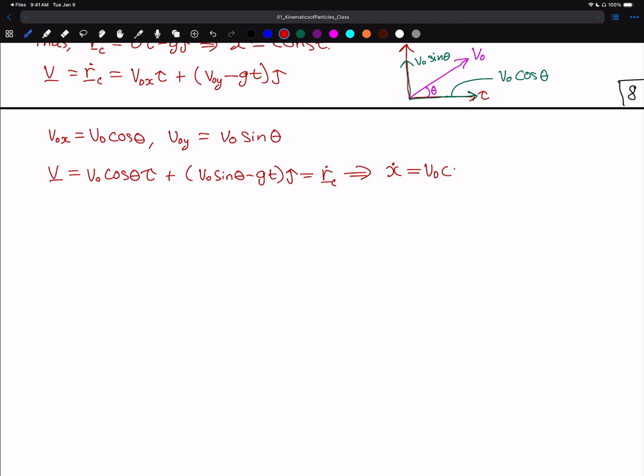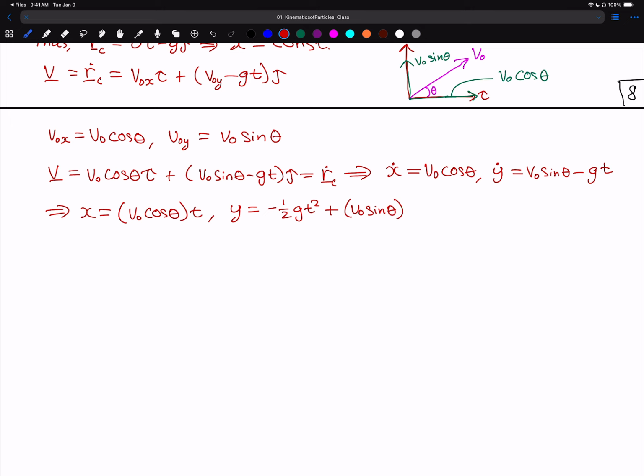Okay, from there we are able to integrate x dot and y dot to find x and y. So x is going to be equal to v0 cosine theta times t, and y is going to be equal to minus 1/2 gt squared plus v0 sine theta times t.